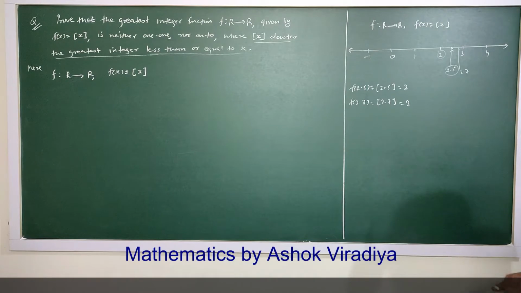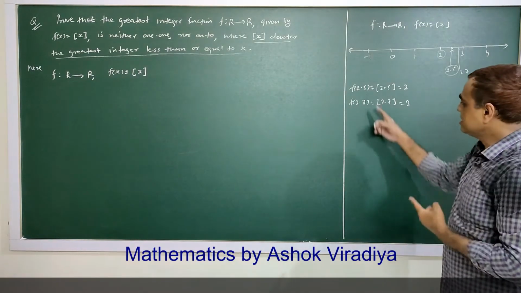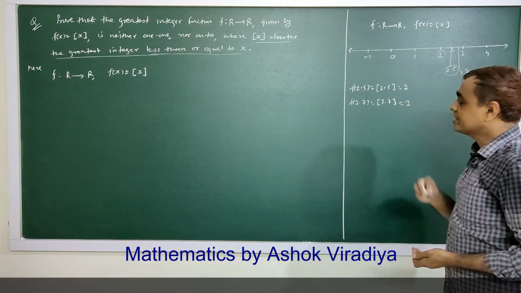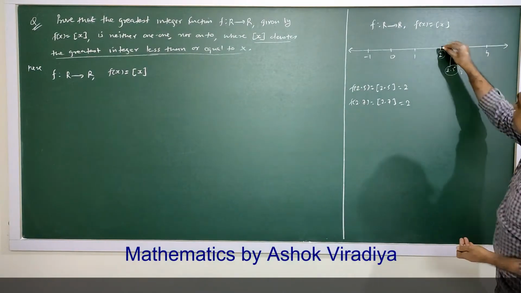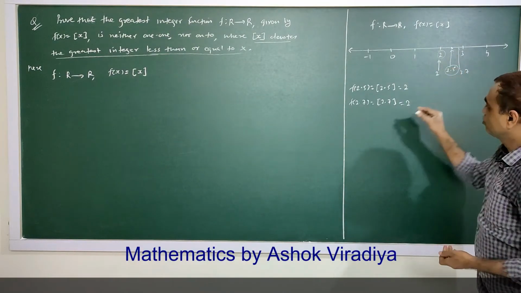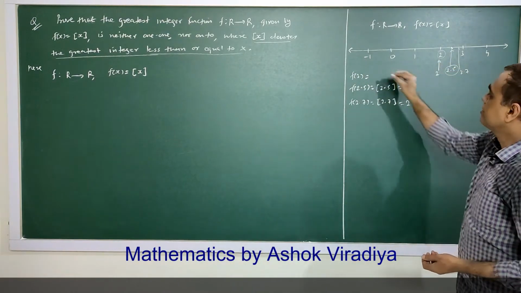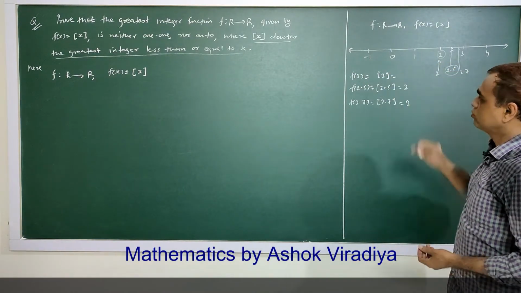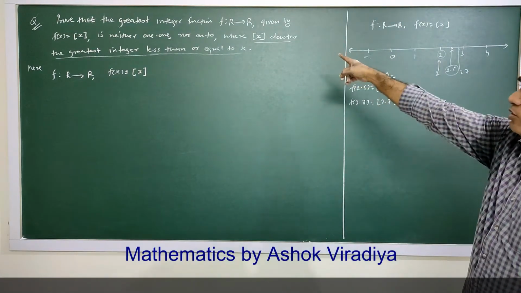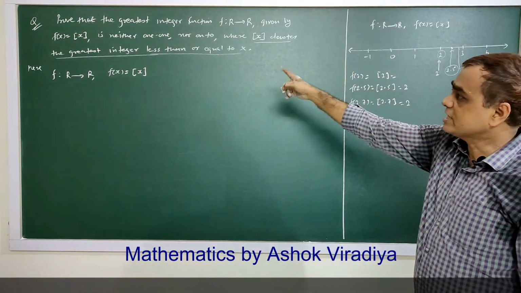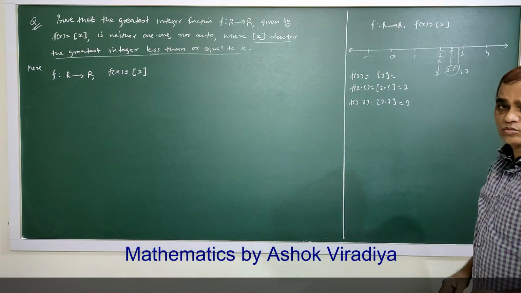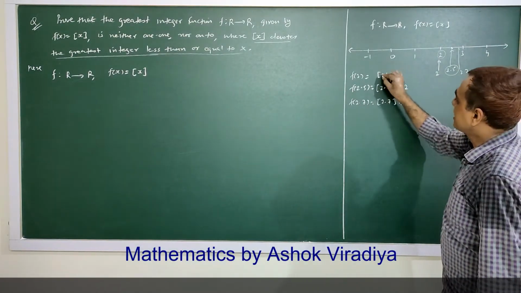So you can see that these images are distinct but outputs are same. If you take integer 2 itself, if we keep here 2, then box value of 2 denotes the greatest integer less than or equal to 2.